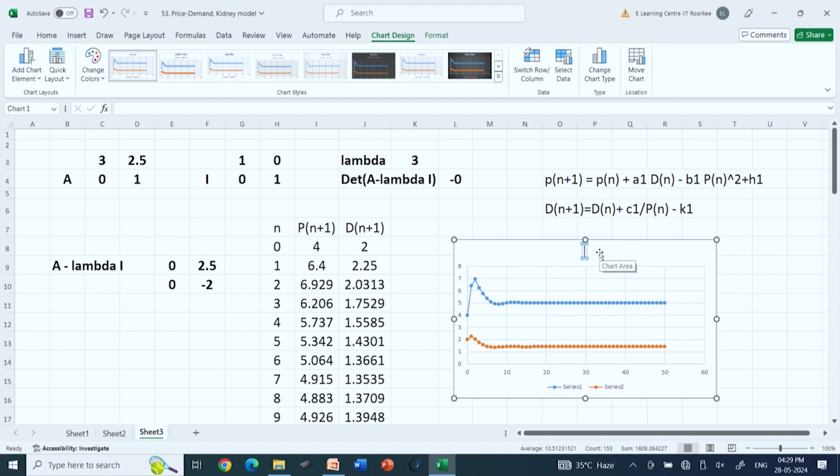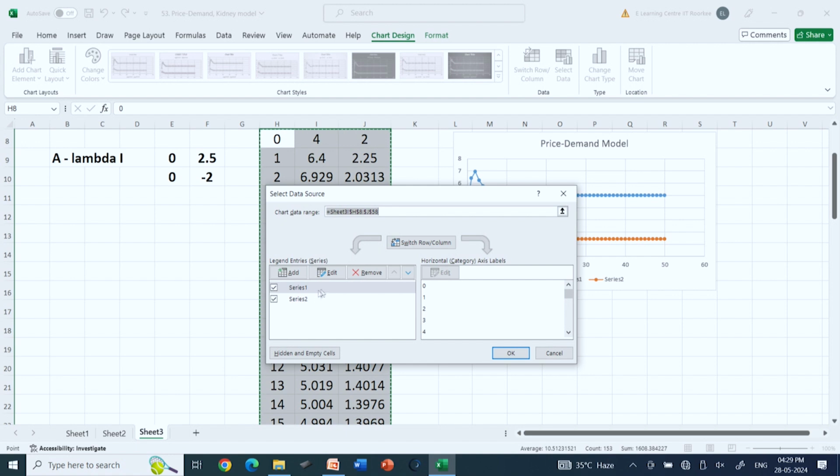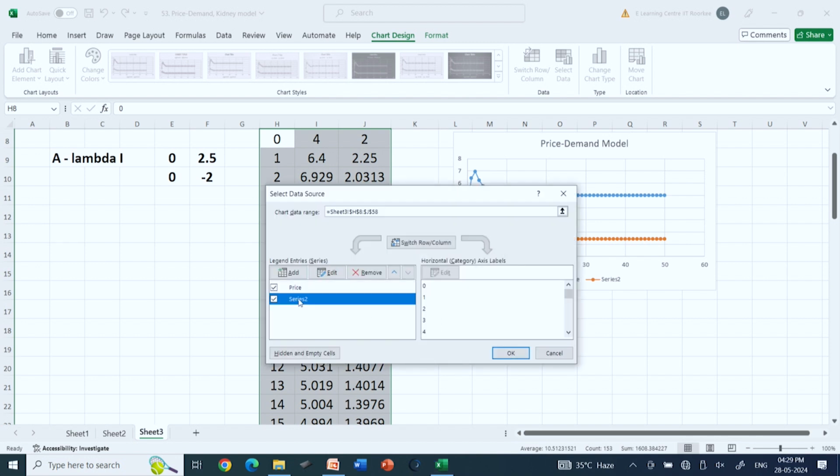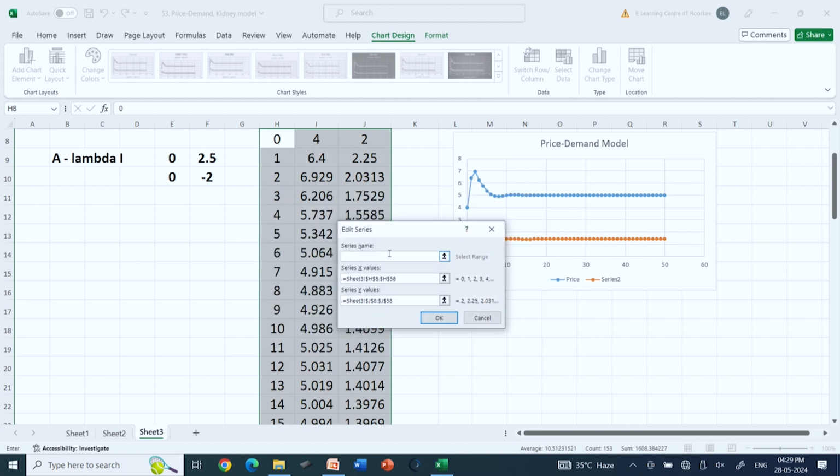I can write the title, price and demand model. For the series, I go to Select Data, series 1, edit, I just write price, and series 2, edit, I just write demand.